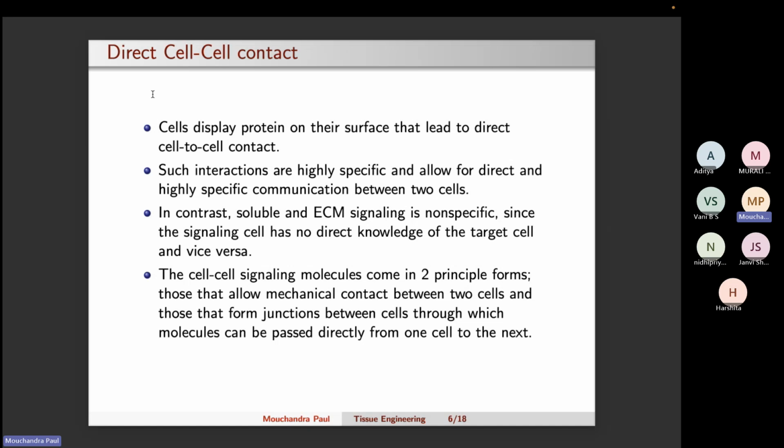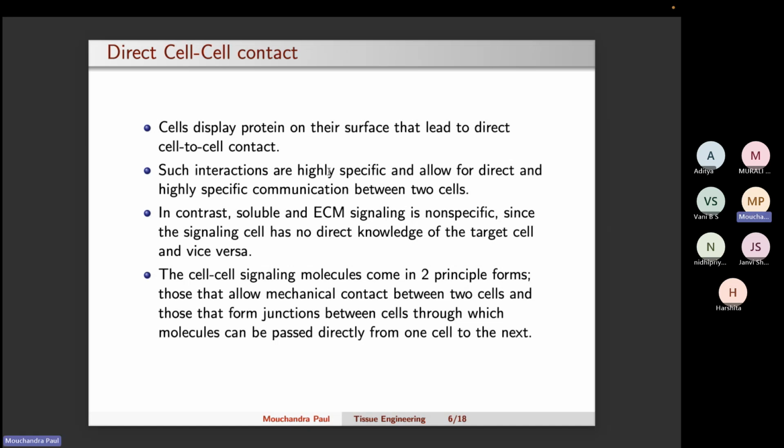But with direct cell contact, at a time one cell can communicate hardly with two or three cells, or if you consider it as a square, maybe four edges. At the four edges, it can communicate with the cells there. So the reach of the cell is decreased when you are thinking about direct cell-cell contact.